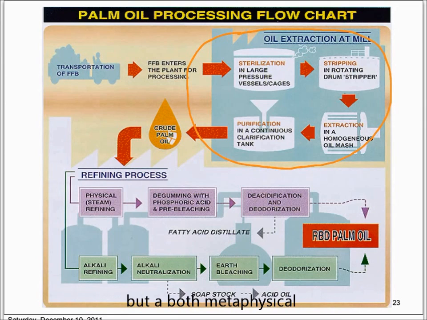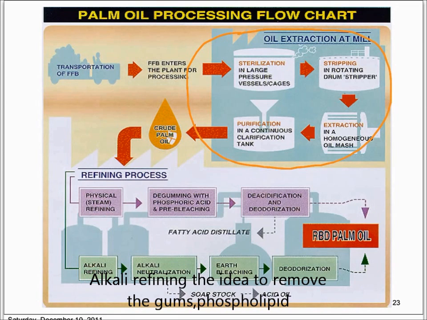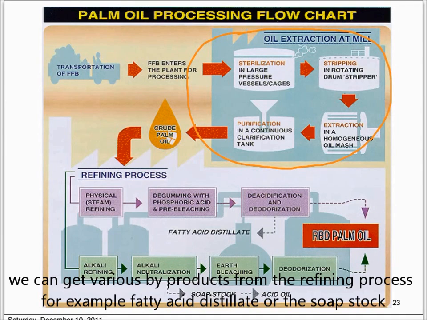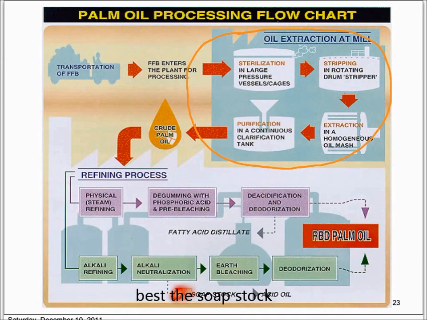But both, whether physical or alkaline refining, the idea is to remove the gums or phospholipids, free fatty acid. So there are various stages of refining, and finally we will get the refined oil. RBD palm oil here means refined, bleached, and deodorized palm oil. And we can get various byproducts from the refining process, for example, fatty acid distillate, or the soap stock.